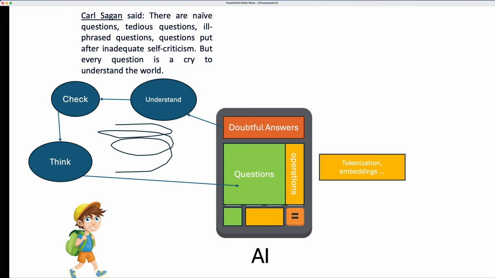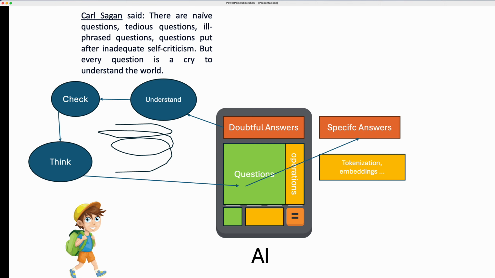So we need to run a long loop of understanding, checking, thinking, asking more questions until we obtain specific answers. And when we obtain specific answers, it means we now have a deep knowledge.